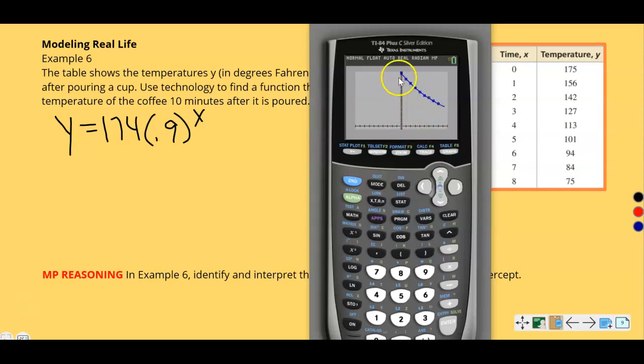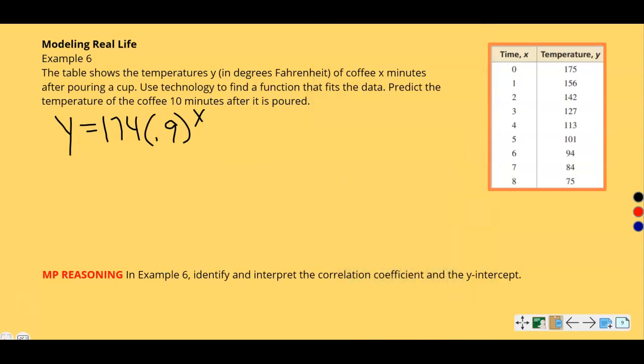And you can see now that it's graphing that equation, it's going through every single point on there. So that's why it's a very strong negative correlation. So we can conclude that this is a really good exponential equation based on this data. And so we use technology to find a function.